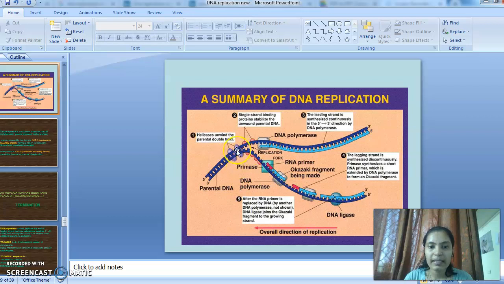First helicase causes the unwinding, then single stranded proteins will bind, then you have your DNA polymerase. This is the leading strand, which is continuous. For the lagging strand, you have RNA primer and DNA polymerase. Small Okazaki fragments are formed, and after that they are joined by the enzyme ligase.